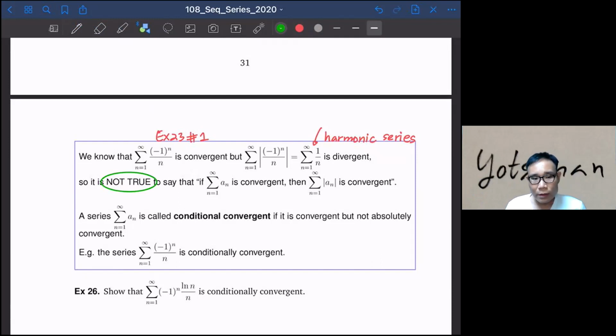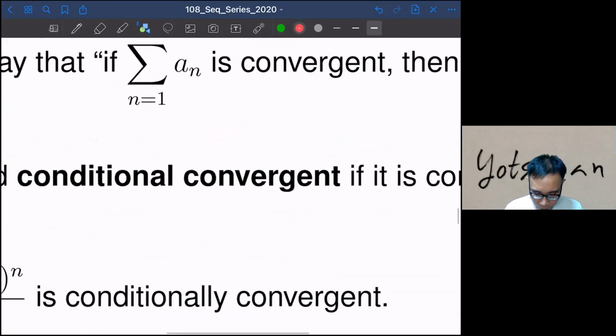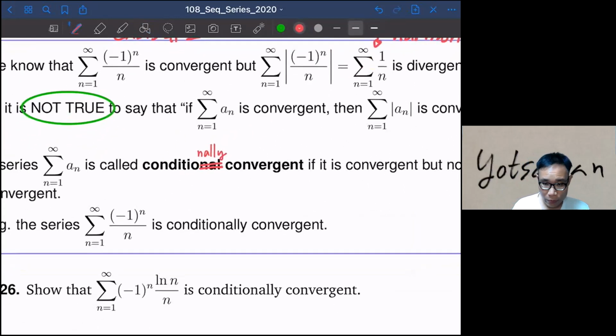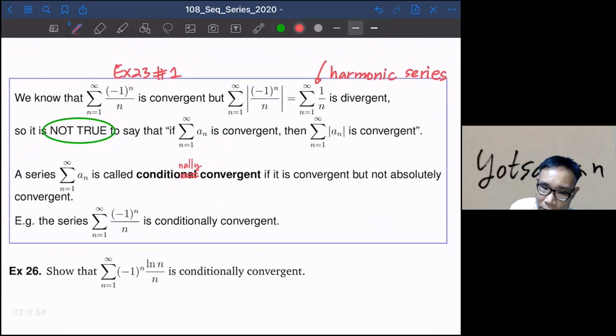The next one is a series is called conditionally convergent. I have a typo here, it's going to be conditionally. So this one is called conditionally convergent if it is convergent but its absolute value turns out to be divergent.